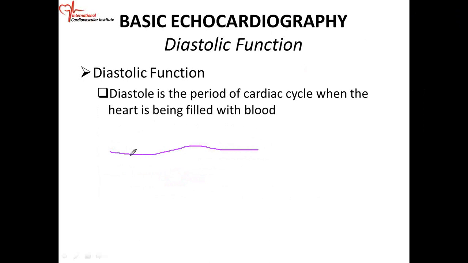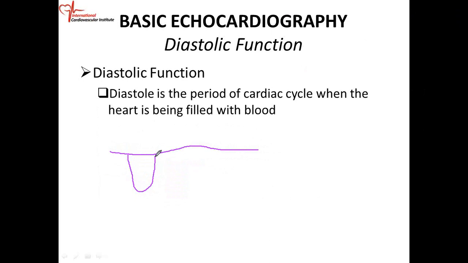When you have systole and blood flows out of the left ventricle into the aorta, if you call this the LVOT envelope, blood is flowing through the left ventricular outflow tract across the aortic valve into the aorta.